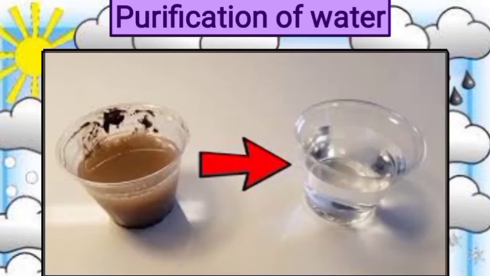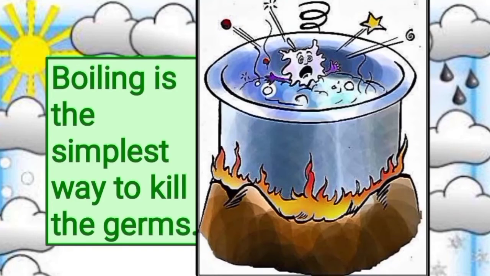Now let's understand what is purification of water. As you know, we should drink only clean water, because dirty water can make us fall ill. Water from taps can be dirty and impure also. Thus, water used for drinking and cooking needs to be purified. We can do it in some ways, like boiling.